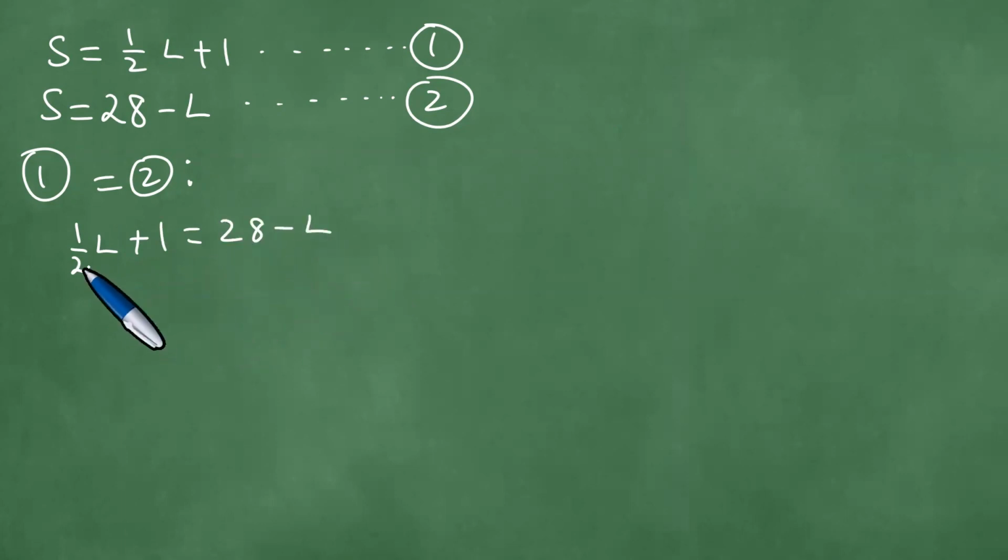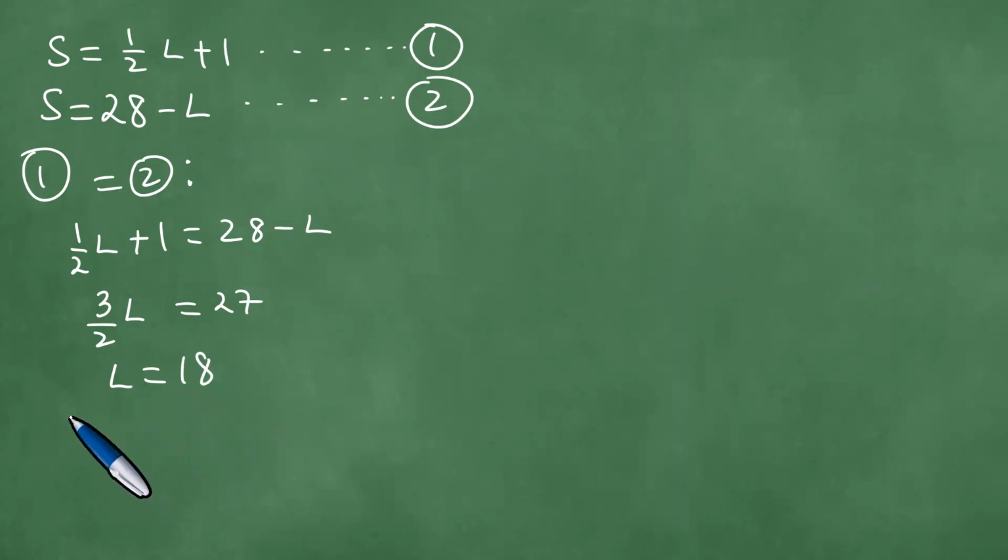So now you have 1/2 L plus L, which is 1.5, or 3/2 L, equals 27. You divide by 3 and multiply by 2, so that L equals 18.